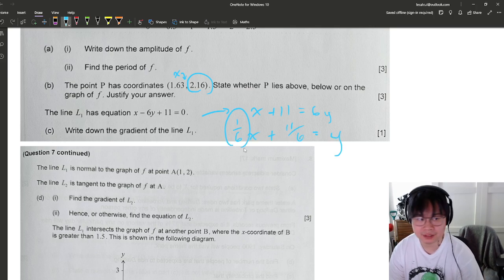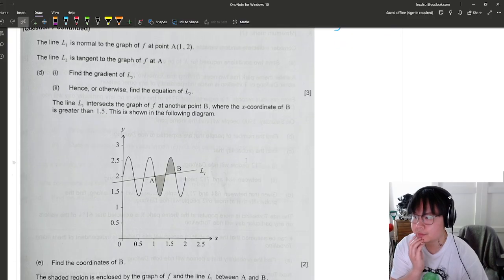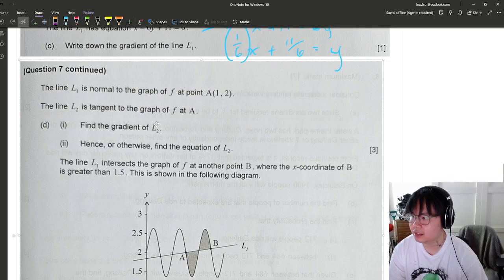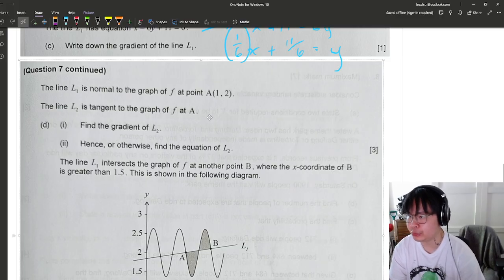So here's your gradient, 1 over 6. L1 is normal to the graph of f at (1, 2). L2 is tangent to the graph at here. Find the gradient of L2.